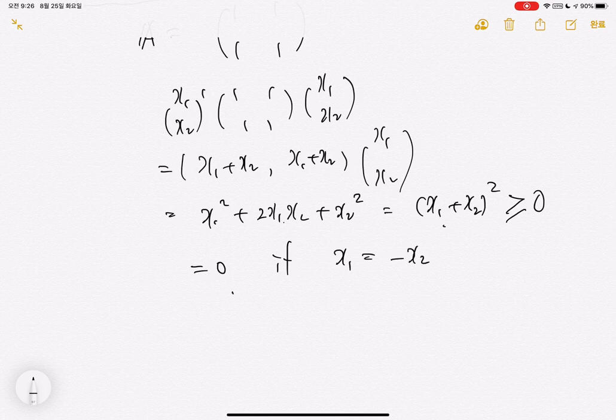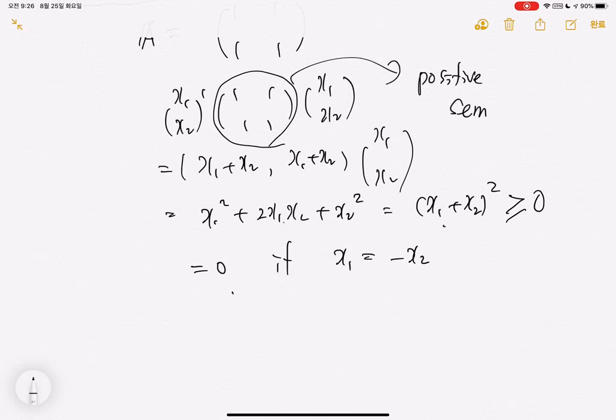So there are many cases where the value of the quadratic form is 0, not just the origin. If the matrix has this property, this matrix is called positive semi-definite. Okay, positive semi-definite.